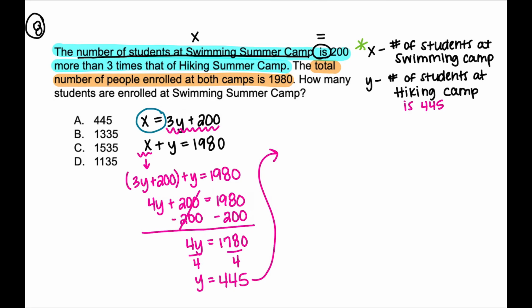But we wanted to know X. We wanted to know the number of students at swimming camp. So if we want to know X, we have an equation that says X equals. So the number of students at swimming camp is 3 times Y plus 200. Now that we know Y, we can plug that in.